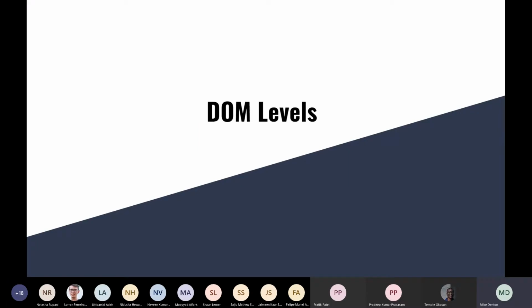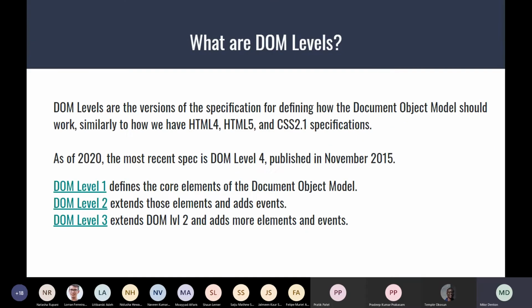So one thing I wanted to clarify, to be honest, even myself, when I come across this, I had to look it up because you forget this. When you hear about DOM levels, these DOM levels are the versions of the DOM. In some documentation you'll see DOM level 1, DOM level 2, DOM level 3, and you're like, I have no idea what that is, but it's the versions of the specification for how the document model should work.